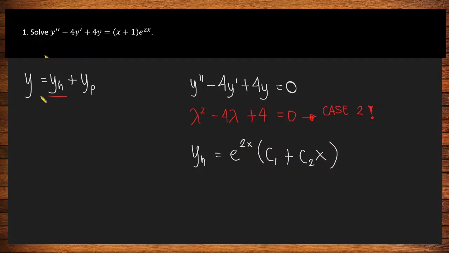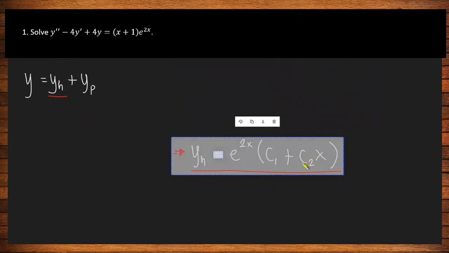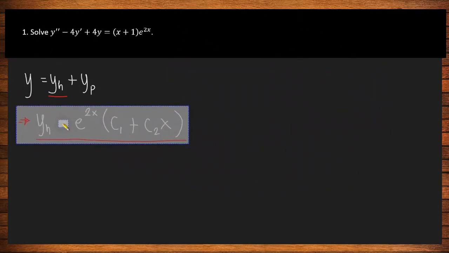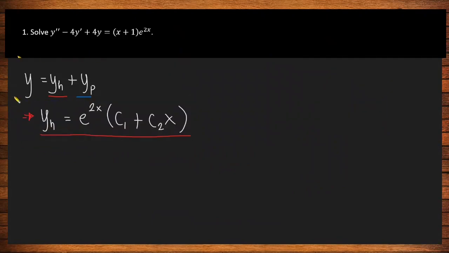Again, hindi na natin nire-write yung equation natin into its standard form kasi yung given equation naman is already in its standard form. So from our equation, yung value ng r of x natin will be x plus 1 times e raised to 2x. Now, yung gagawin natin is we will apply the method of variation of parameters.